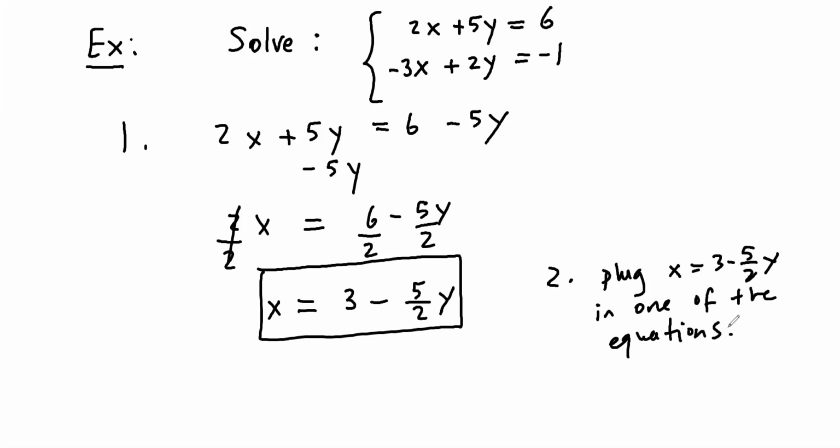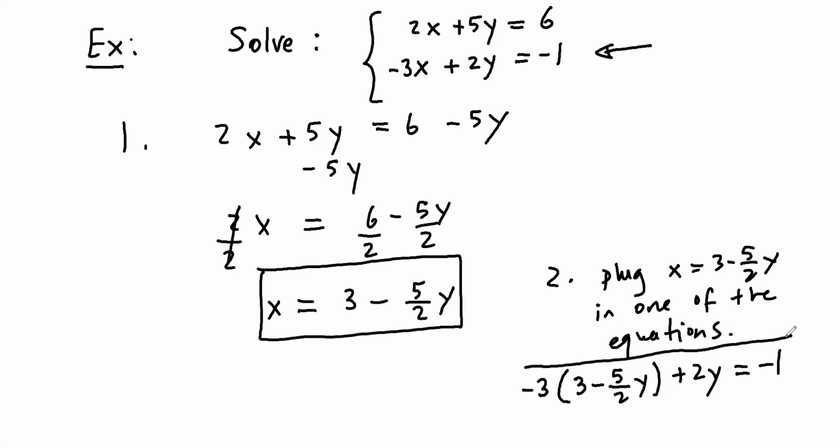As I said, this can be any one of the equations. I decided that I'm going to plug it into the second equation. So this is going to be negative 3 times (3 minus 5 over 2 y) plus 2y equals negative 1. And this is the equation that I now need to solve for y.